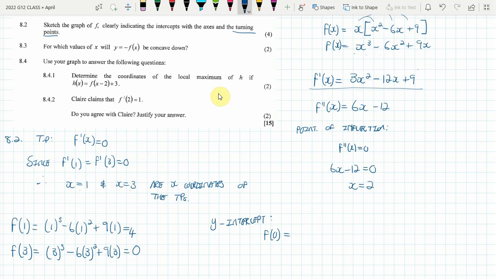So what is the value of y when x is equal to 0? It's 9. I don't think so. Did you plug in f prime or f?